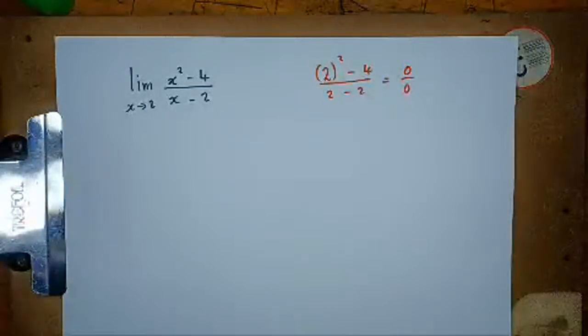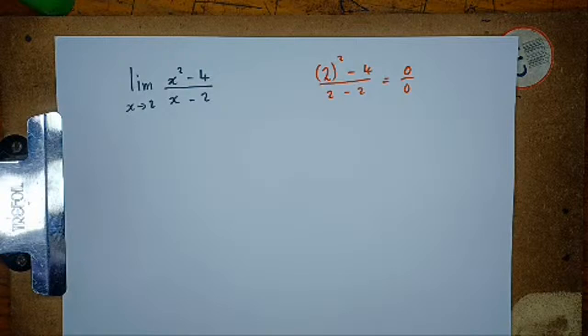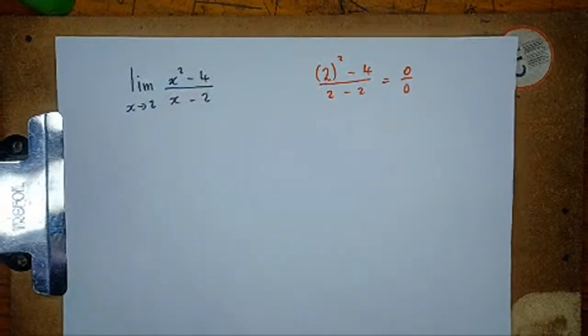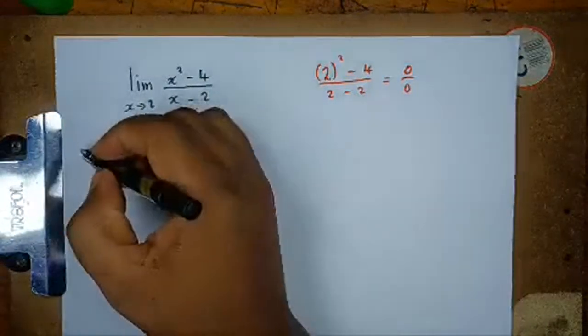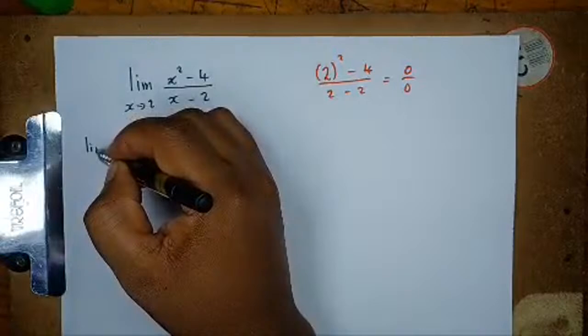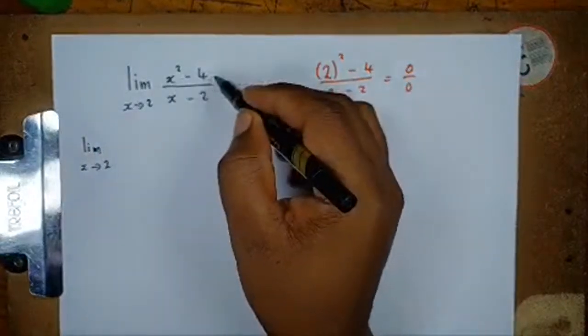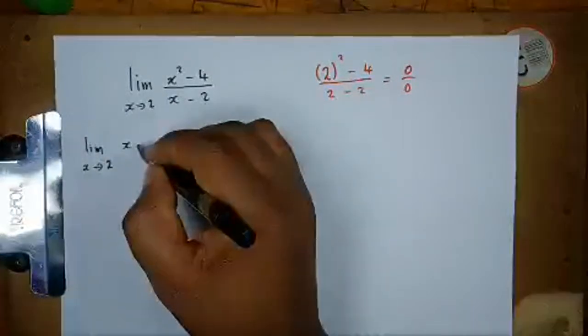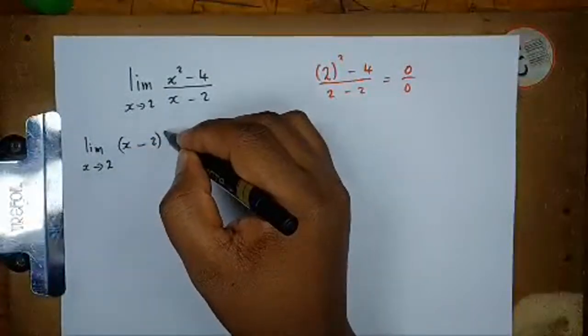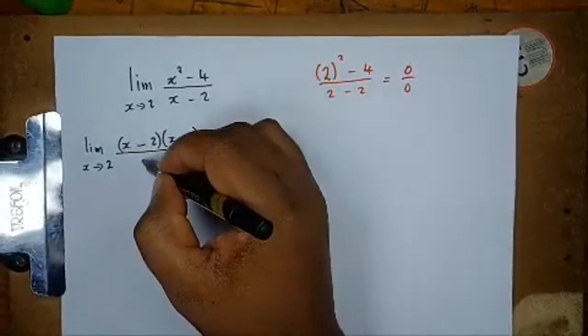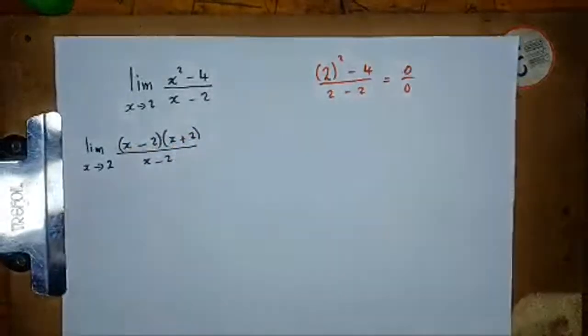The first option is by first applying the difference of two squares in the numerator. Remember, we have x squared and 4, so we can apply the difference of two squares so that we get the limit as x approaches 2 of x minus 2 in brackets times x plus 2, all divided by x minus 2.